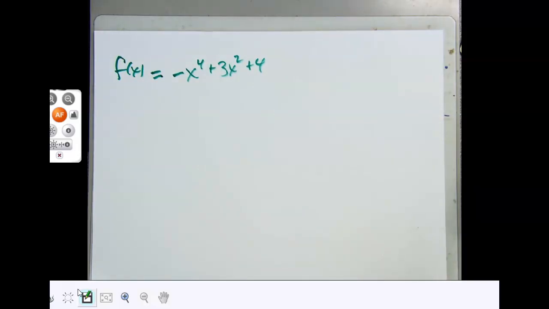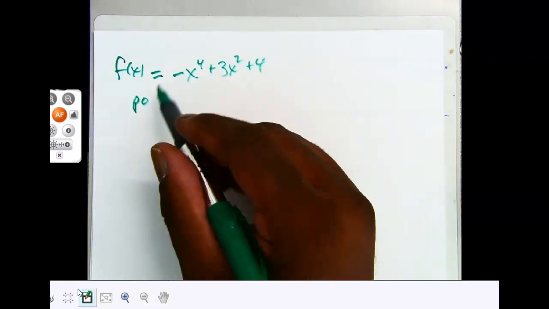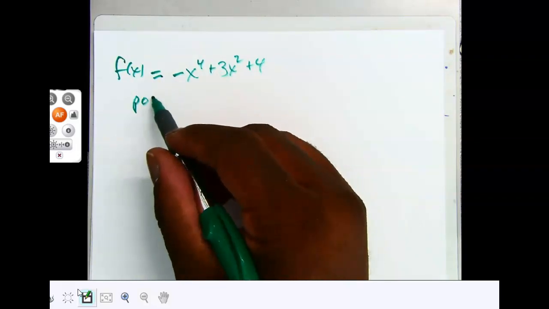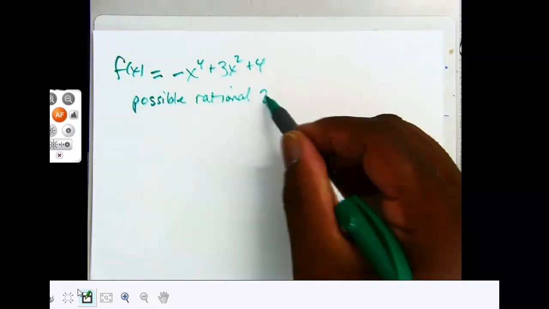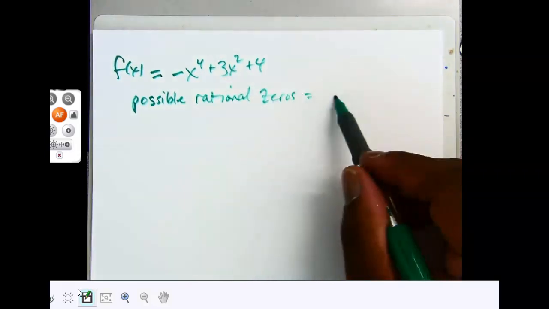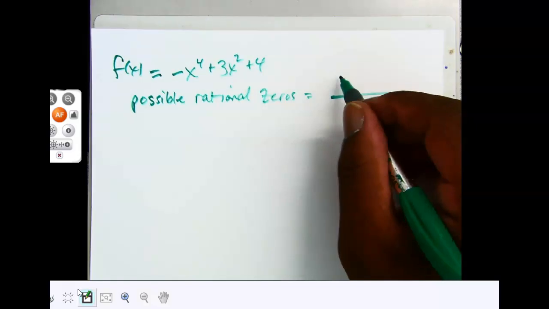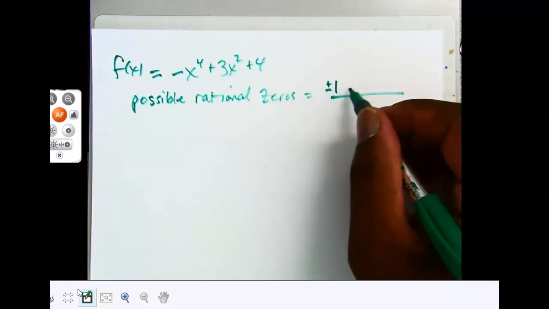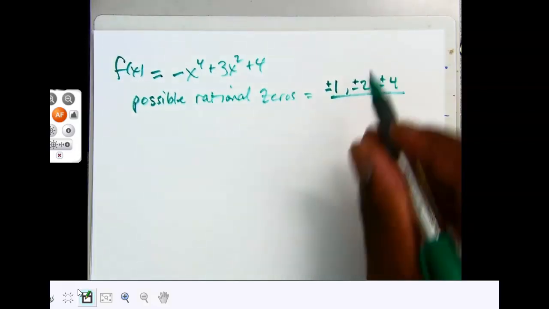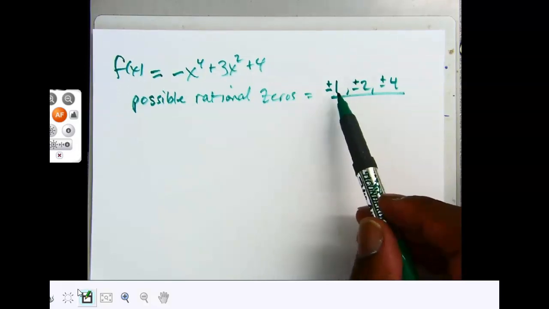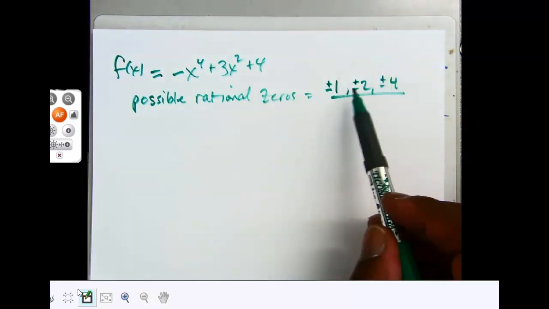So our possible rational solutions for zeros, possible rational zeros, are equal to, well, we take a look at our constant. What are all of the factors? Well, it's going to be plus or minus 1, plus or minus 2, and plus or minus 4. The reason you have plus or minus here is because a -1 times a -4 gives us a positive 4. So you're always going to have the plus or minus.